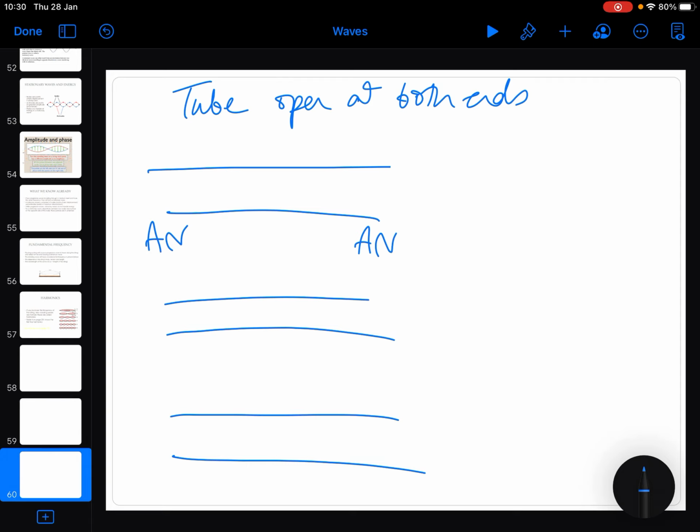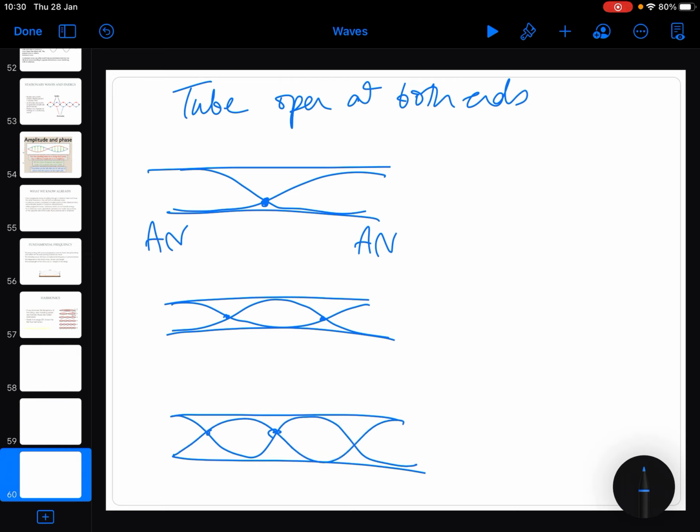So the first one is like that, with a node in the middle there. Then the next one, I've got to think about this carefully. So you've got 2 nodes there. And next one, lovely, 3 nodes. Okay, they're very dodgily drawn, but you're hoping to be seeing that.